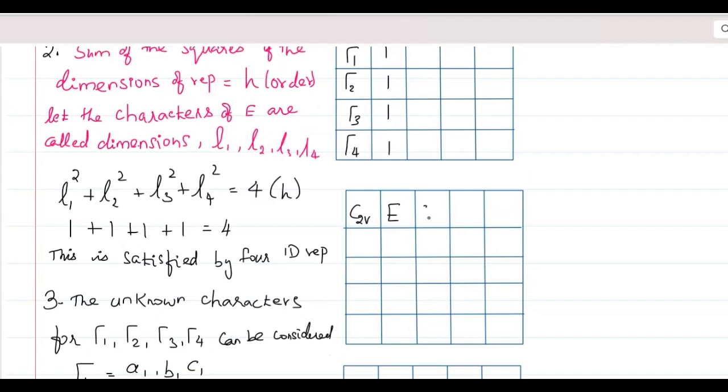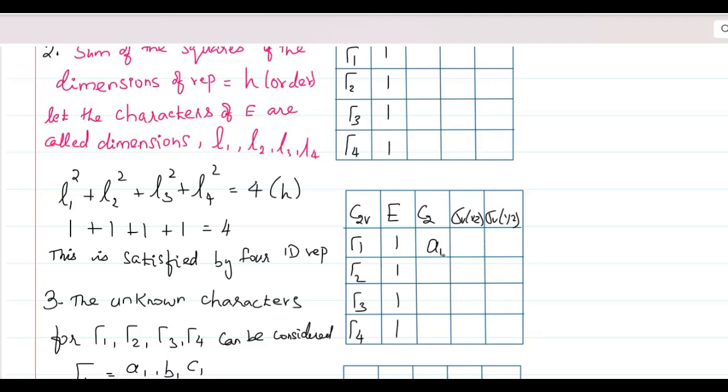So E, C2, sigma v XZ, sigma v YZ, and irreducible representations 1, 2, 3, and then 4. And we have evaluated the dimensions to be one-dimensional representations.